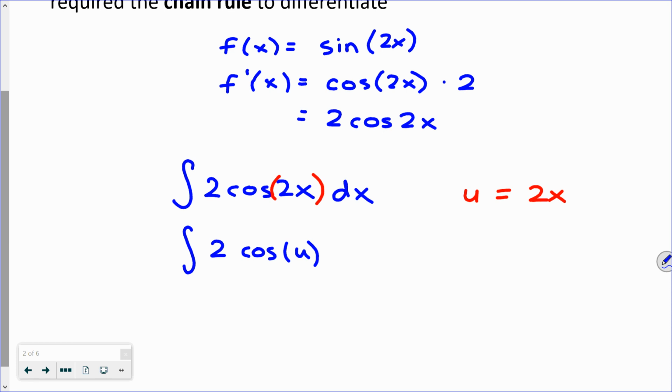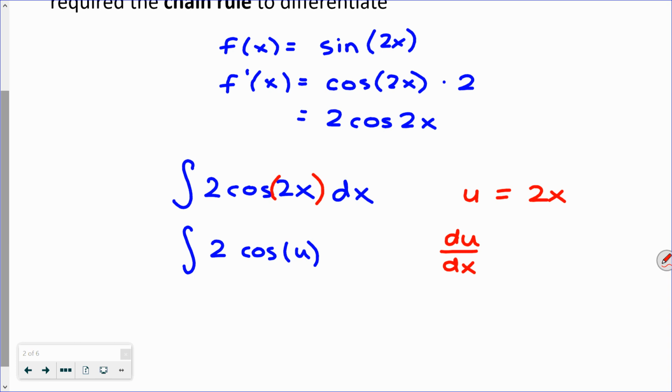There's nothing in the formula booklet that says what the antiderivative of cosine 2x is, but there is something in the formula booklet that says what the antiderivative of cosine x is, and cosine u is the same as cosine x, just with a different letter. So now we can do the antiderivative. However, we have this 2 sitting around. So there's going to be this added step, after we've defined what u is, of writing down what du dx would be.